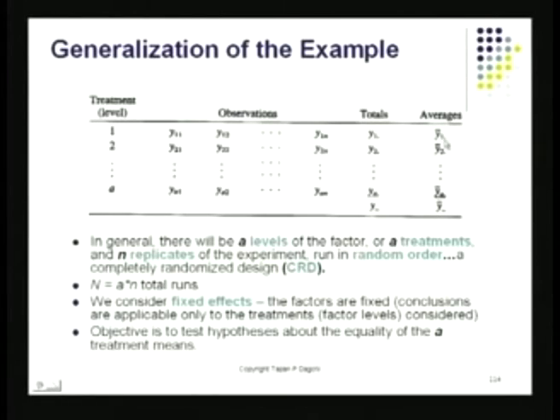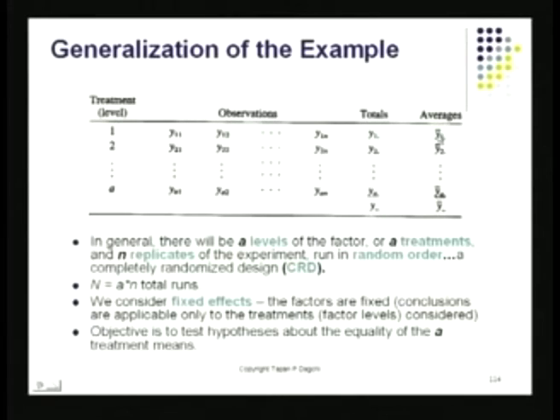And the average here, y1 bar, is going to be the average response noted at treatment level 1. There is only one factor being varied, a factor that has been called A. Factor A is being changed from 1, 2, 3, through these number of settings, up to little a.